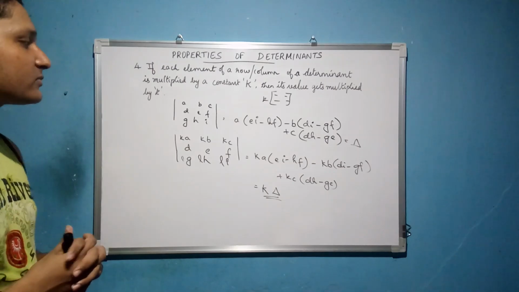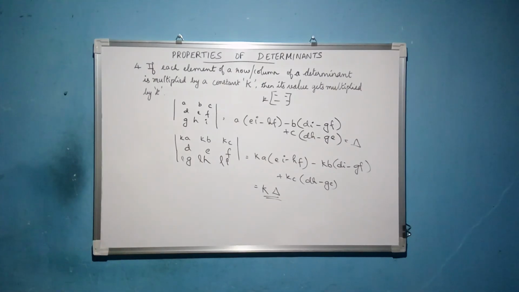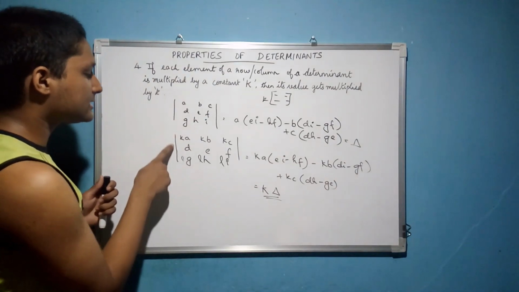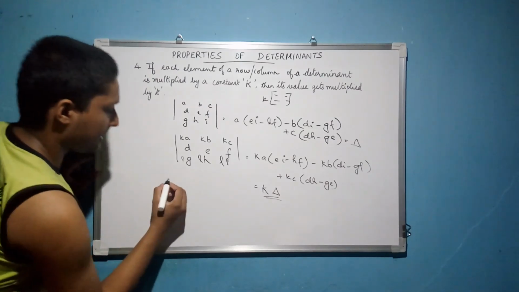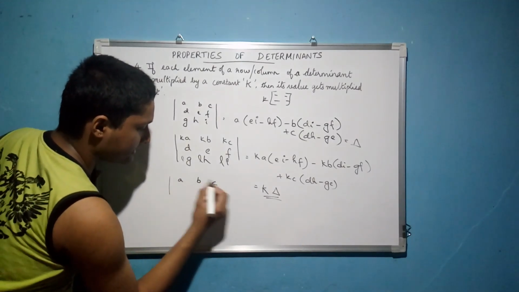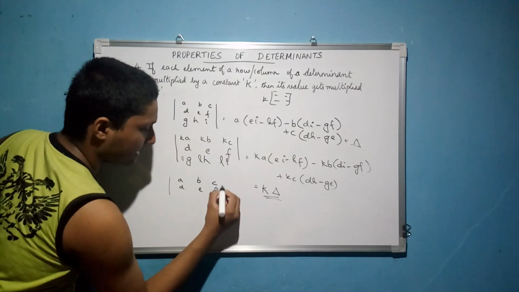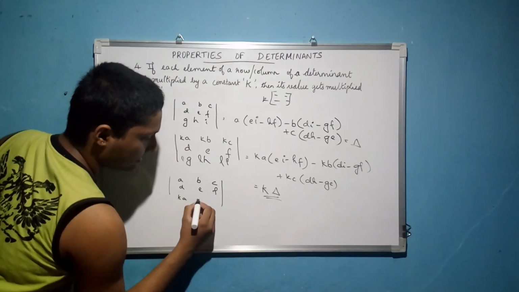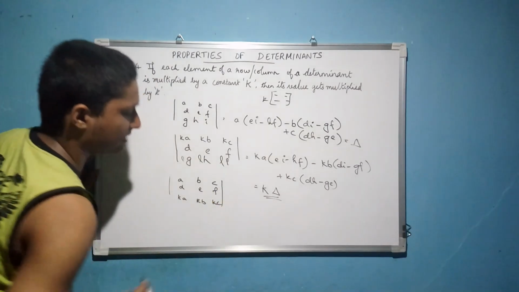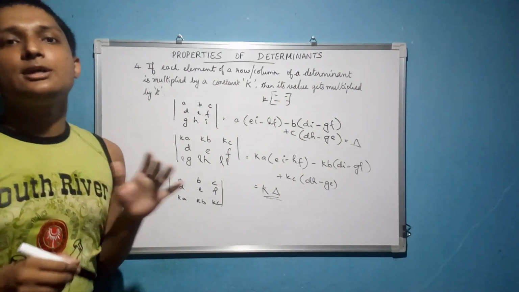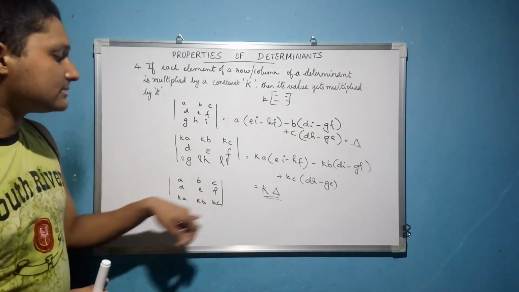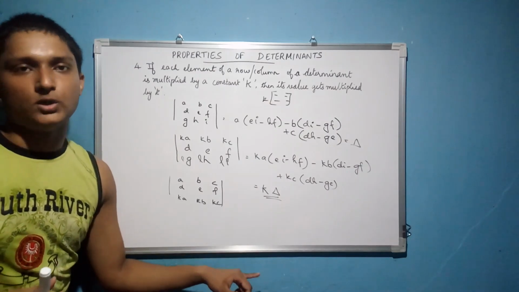Another thing is, if you have to multiply anything, you can find out whether two rows are going to be proportional. Say A, B, C, D, E, F, K A, K B, K C. Many questions will be like that. For this determinant, you need to prove that it is equal to 0.